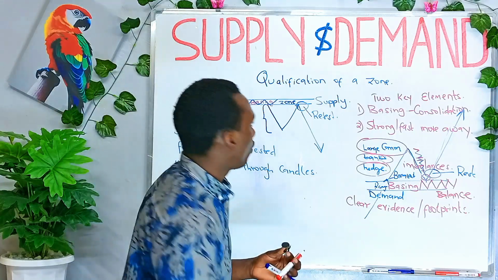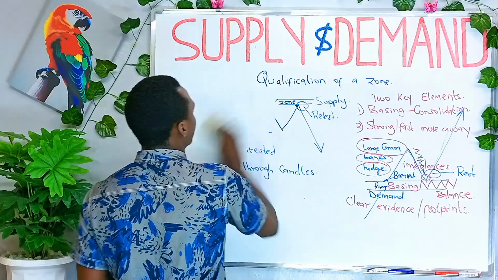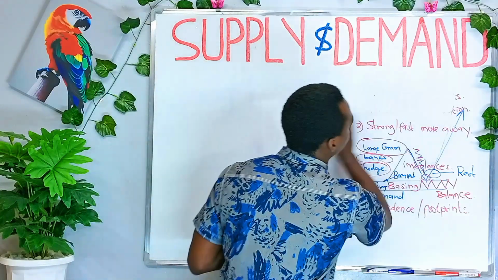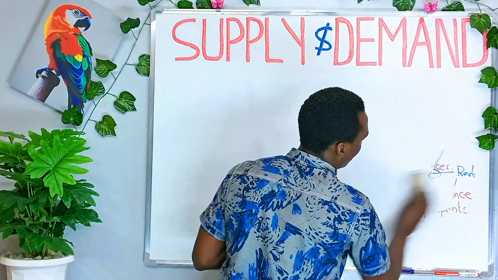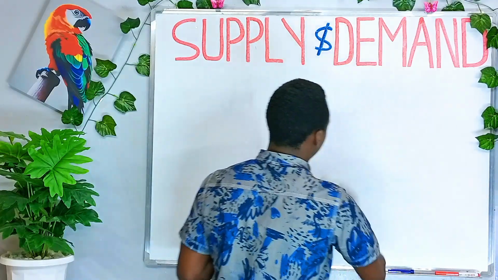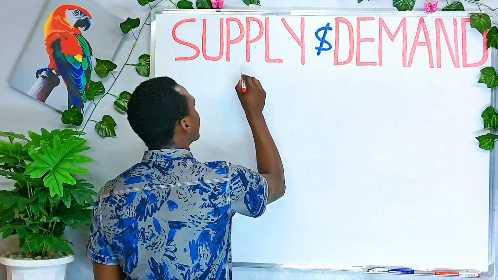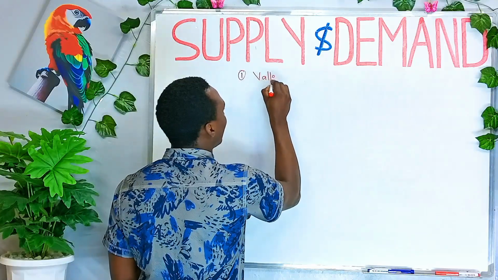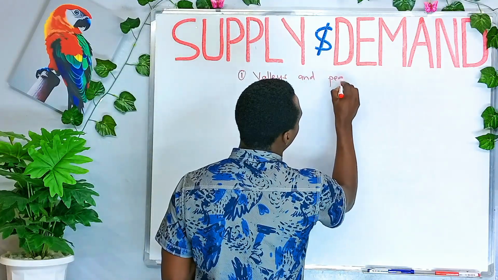Okay, so we are going to rub this and look at the types of supply and demand zones. Okay, so basically there are two types. The first type is those that appear like valleys and peaks.